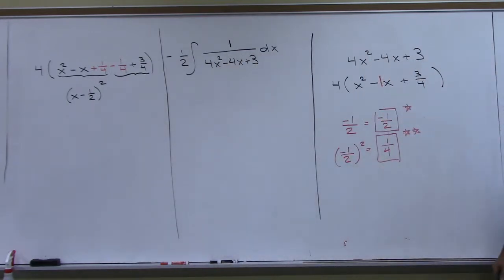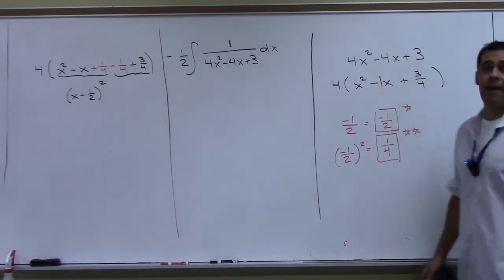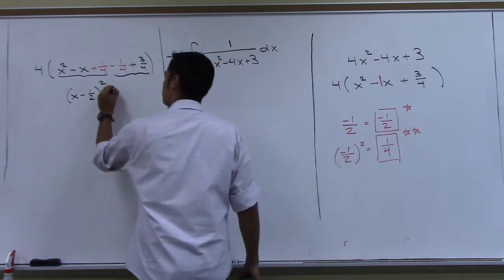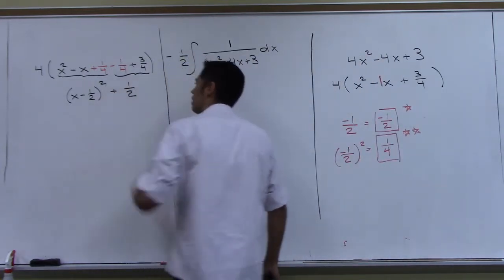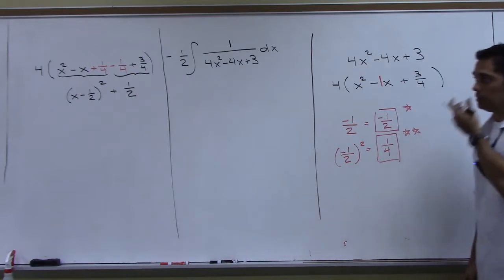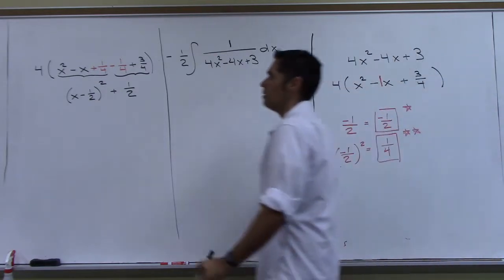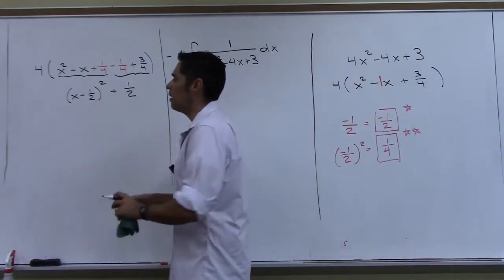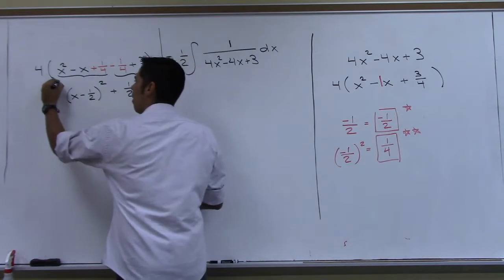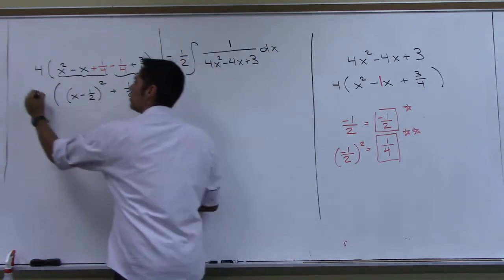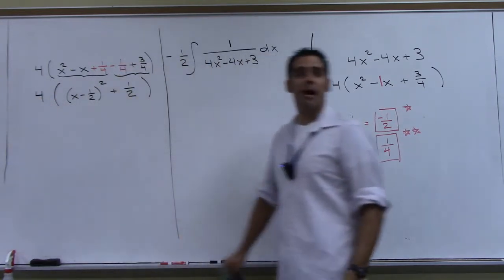Negative 1/4 plus 3/4 is 2/4, 1/2. So we have 1/2 here. Questions? Yes, I'm going to put the 4 in there now. What I wanted you to see is that we're going to have a double set of parentheses here. All of this, right, is still multiplied by 4, so don't forget about that.